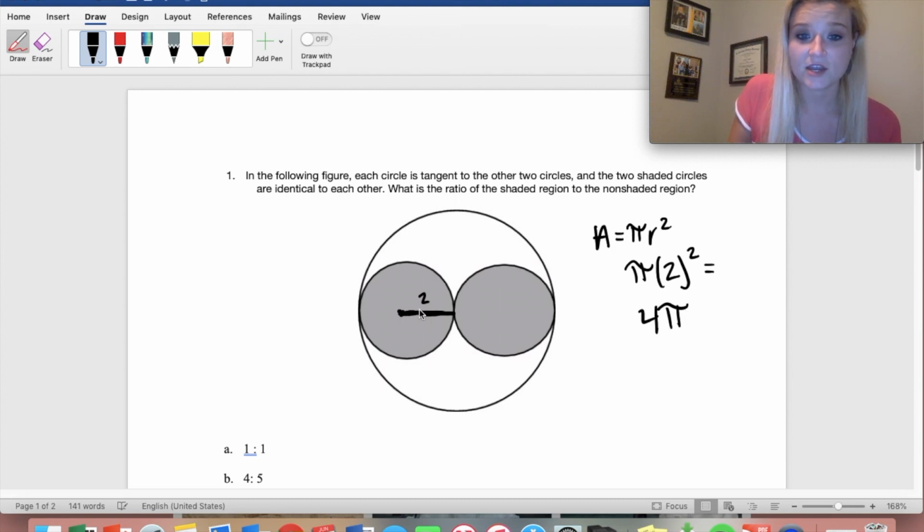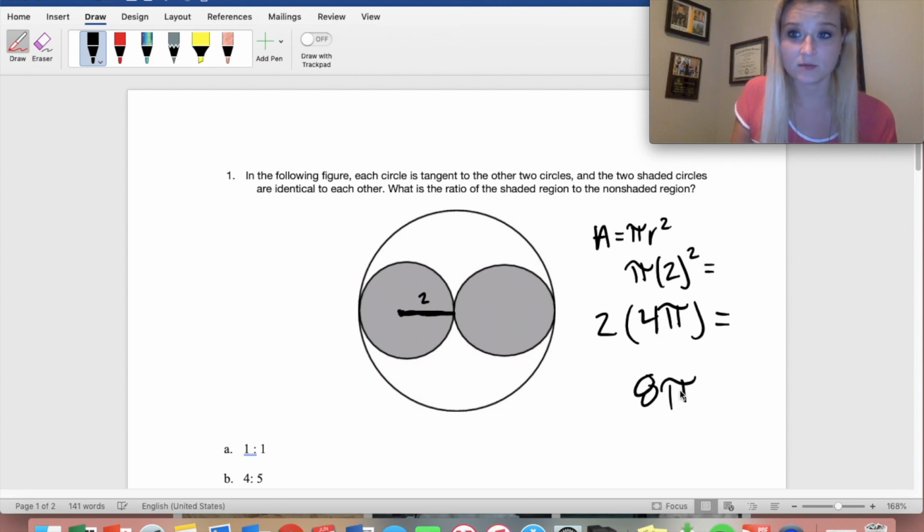Now, if that's the area of one of the shaded circles, then the area of both of the shaded circles is going to be this times 2. So that'll give us an area of 8 pi. So we'll keep this number in our heads to go back to in the end.